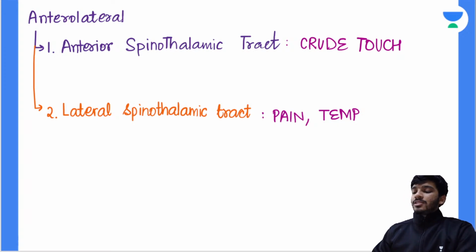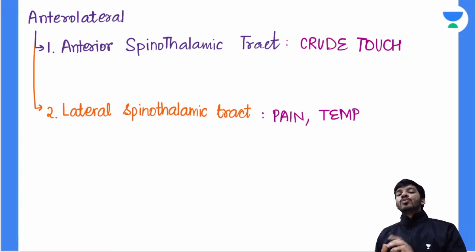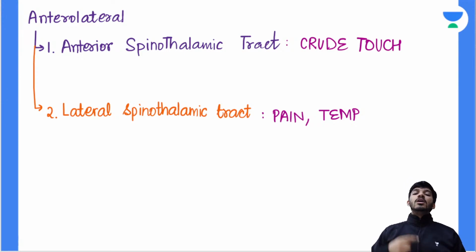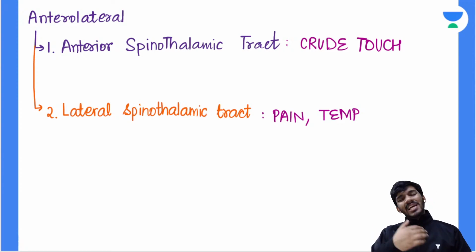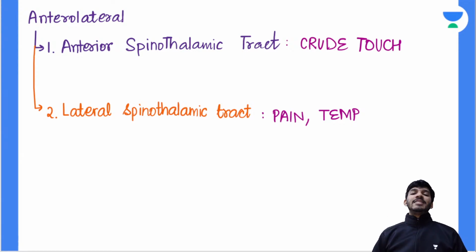Now, why are these tracts called spinothalamic? Because they are going from the spinal cord to the thalamus. That is the second order neuron going from the spinal cord to the thalamus. You will see a lot of tracts named based on their origin and destination. For example, spinocerebellar tracts go from the spinal cord to the cerebellum.